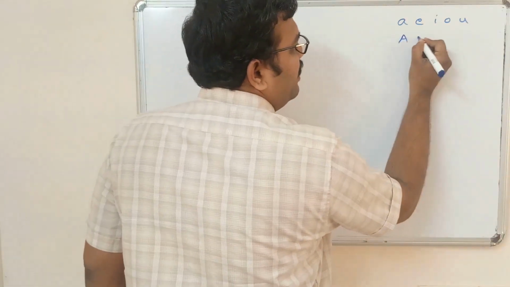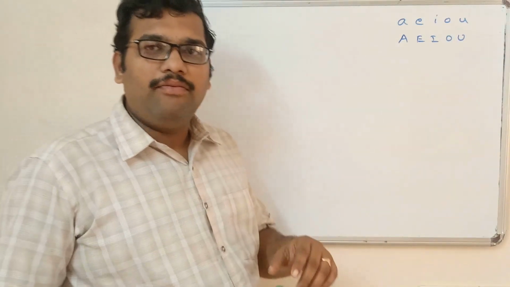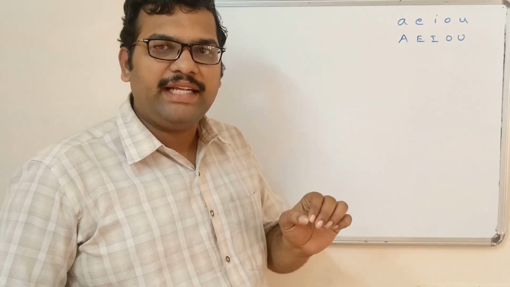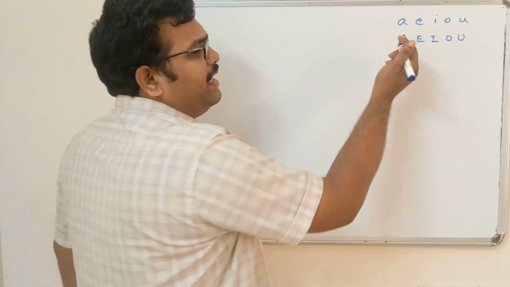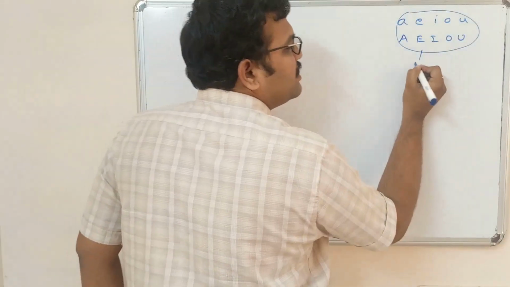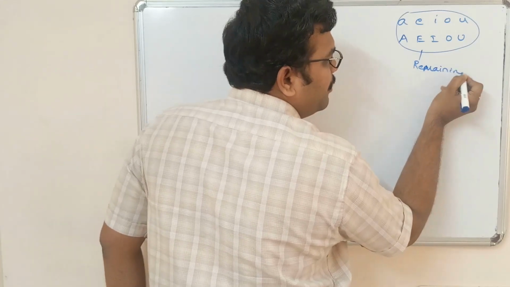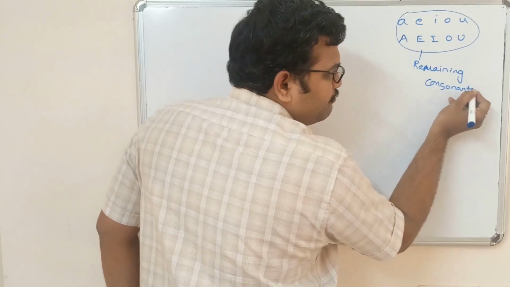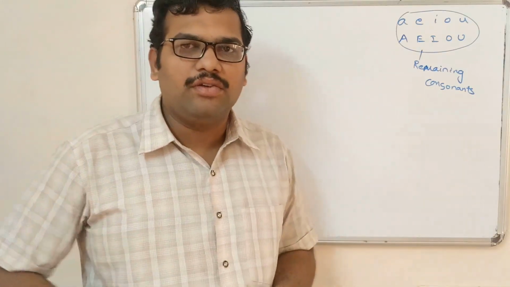So in order to count the number of vowels, we have to check each and every character in the line of text against these letters, and all the remaining letters other than these vowels will be consonants. So every alphabet other than the vowels is called a consonant.